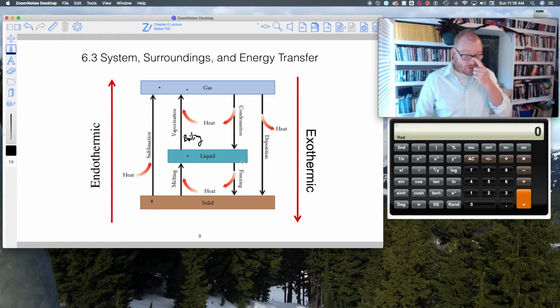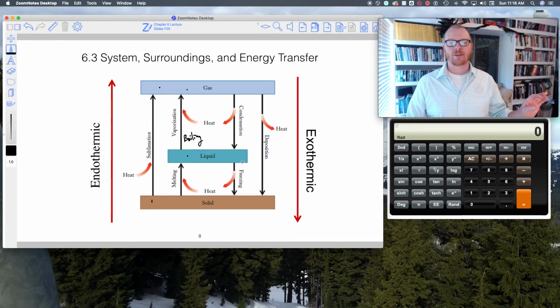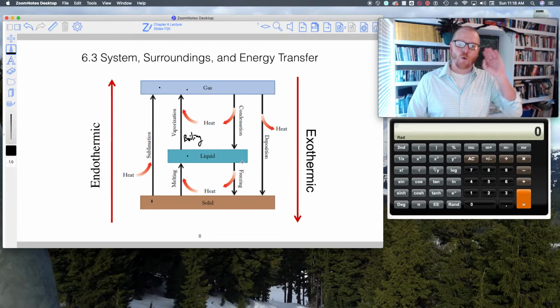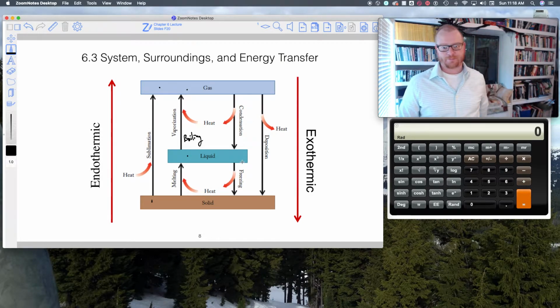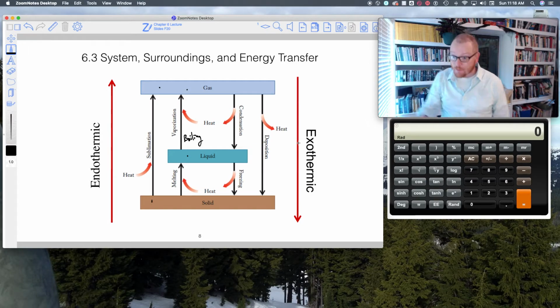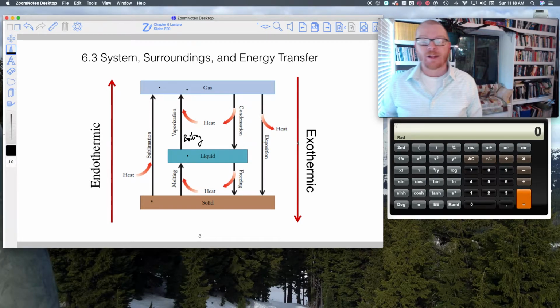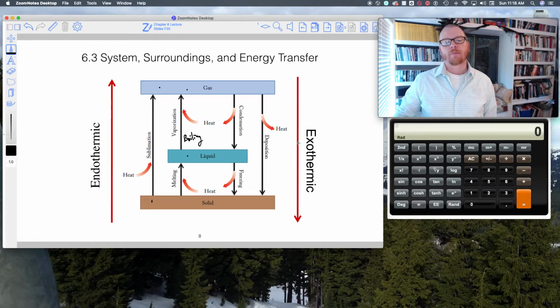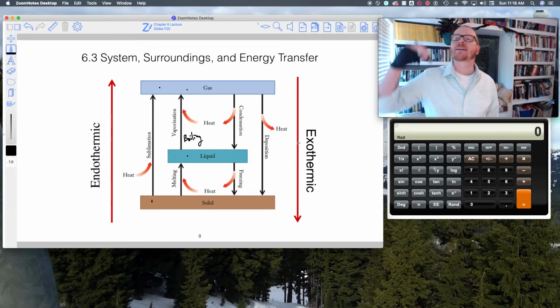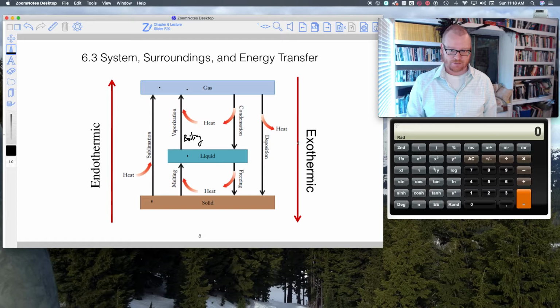We cannot cool things down by transferring heat from a cold object to a hot object. It doesn't work like that. The heat has to go from hot to cold. So we have to remove the heat somehow, and that is achieved by the heat leaving the system and entering the surroundings. Similarly with a gas condensing.